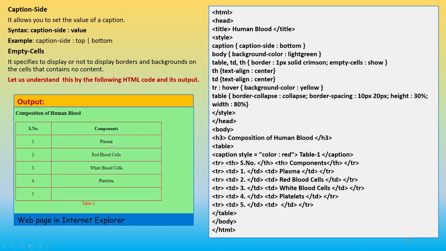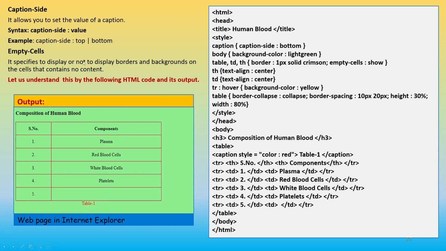Yes, so now we will go for another attribute, which is caption side. This is the caption side. Caption means some word or words that will appear as a caption, like here I have written table 1.